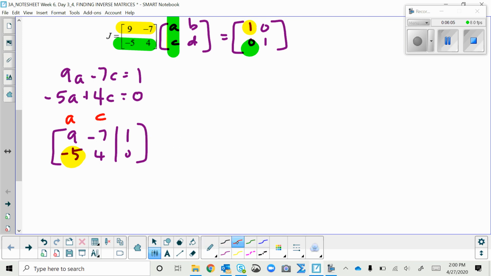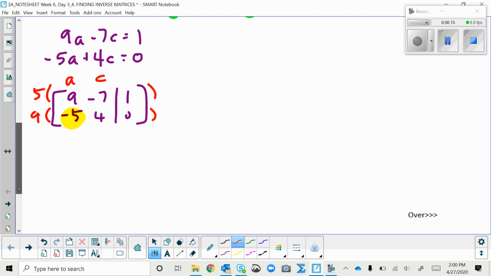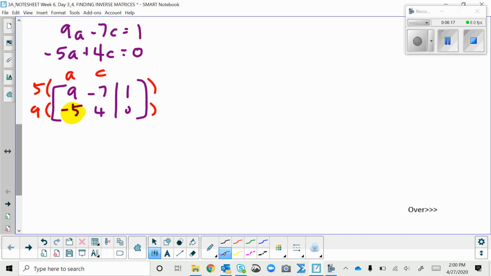So I am going to multiply the first row by 5 and the second row by 9, and then add them. So I'm doing 5 times row 1 plus 9 times row 2, and that will give me my new row 2.